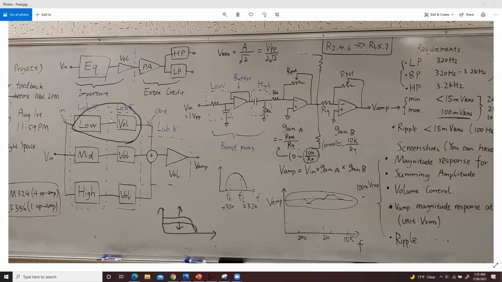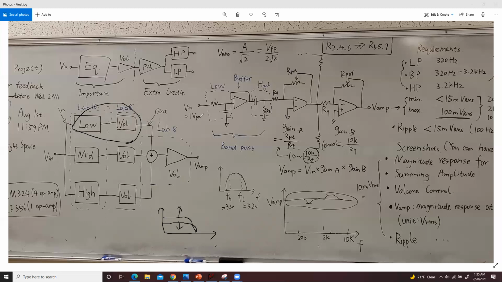Okay, so sometimes what will happen is when you test the low pass filter, it works fine, and when you test the inverting amplifier, it works fine. But when you put those two circuits together, it's not going to work. There are a couple of reasons that cause this issue.